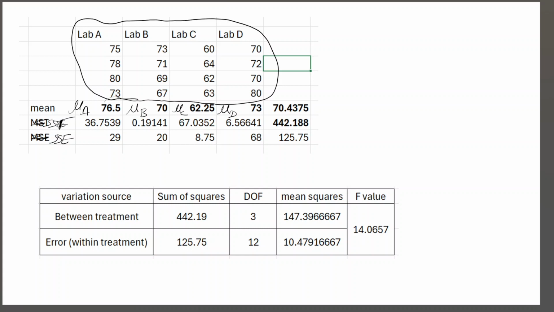For SST, what we have to do is multiply a by the sum of the squares. That's how we have got this MST.